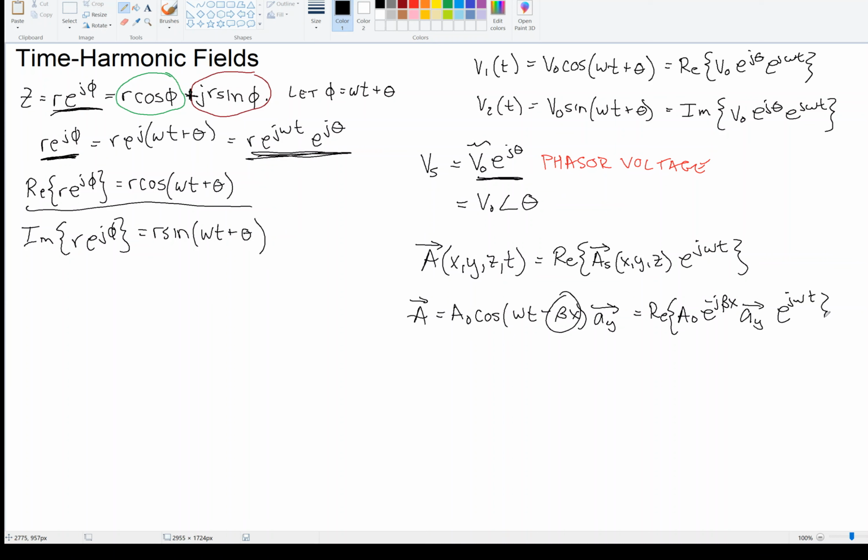All of this follows from what we've already said. So in this case, the phasor A sub s is a vector pointing in the y direction, and it is equal to a0 e to the minus j beta x a y. So that's my little example for you.